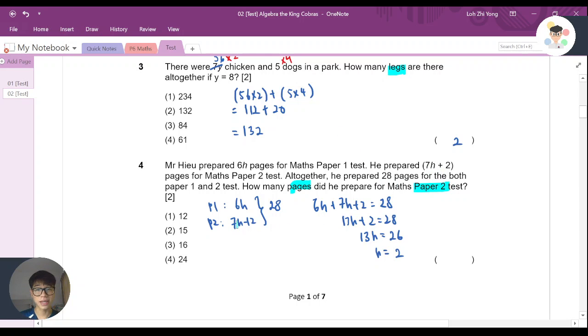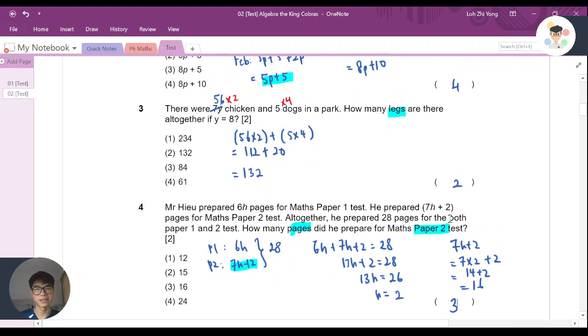Paper 2 is 7H plus 2, which is 7 times 2 plus 2. So 7 times 2 is 14 plus 2 is equal to 16. So the answer for this question is option number 3. So basically it's something kind of similar, easy, right?